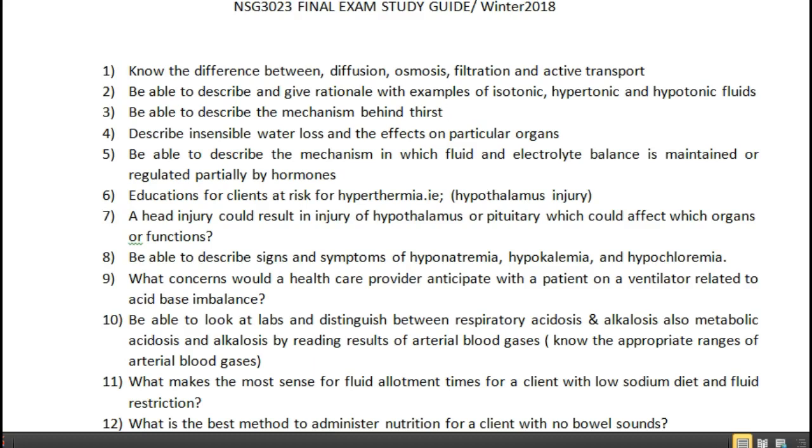Antidiuretic, so it causes the kidneys to reabsorb water, that type of thing.